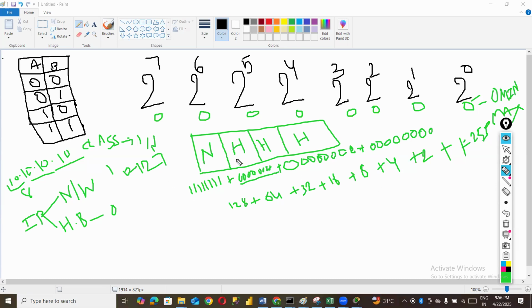So what we said, if these are total 8 bits, in class A the first octet is the network octet. So this is reserved for network.